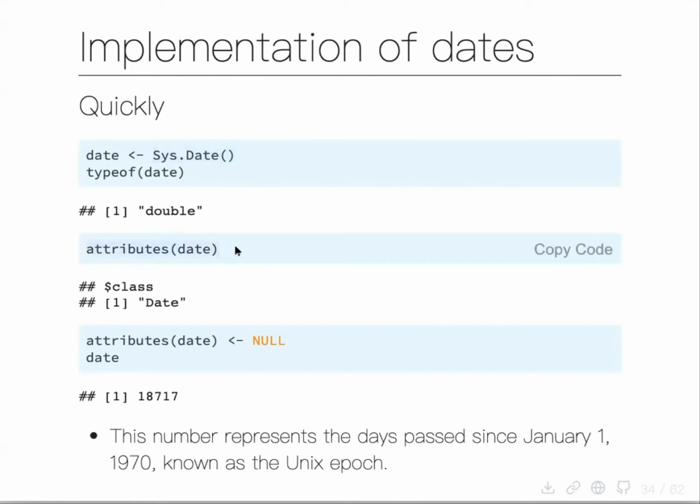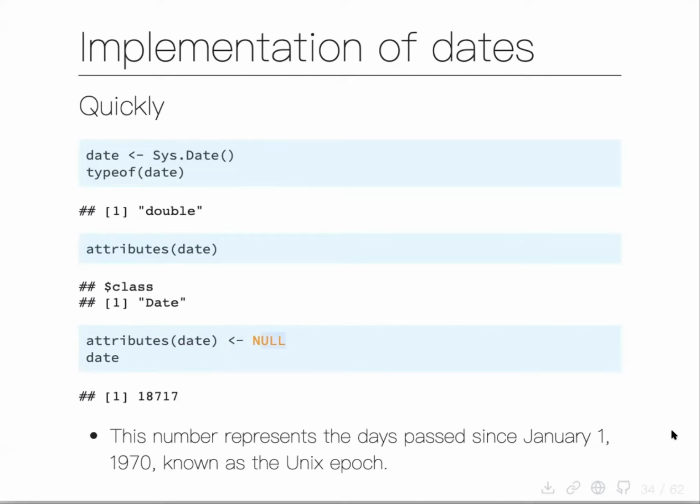But that's because it has this date class, okay? And if we strip that by just saying attributes of date is defined as NULL, then we get this number, 18,717, okay? That number represents the number of days passed since January 1st, 1970, which is the Unix epoch, all right?